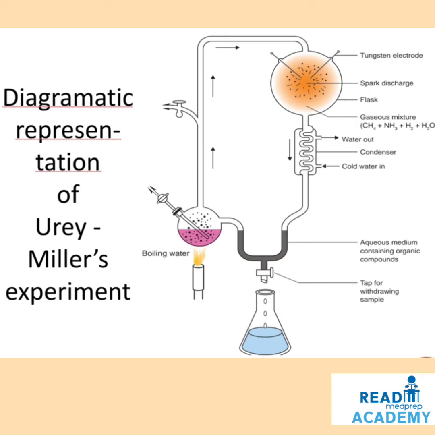Condensation results in the formation of an aqueous medium containing organic compounds, and excess heat is condensed by a condenser. The accumulated aqueous medium is collected in a flask and was analyzed to find organic compounds.